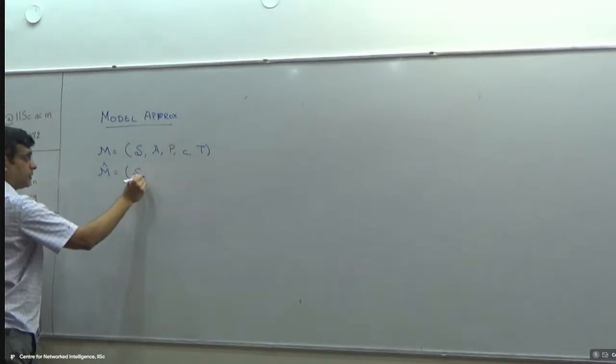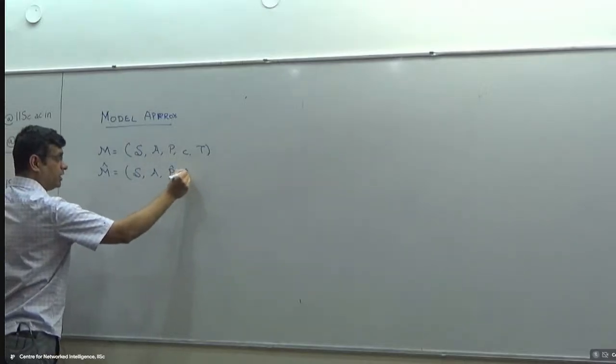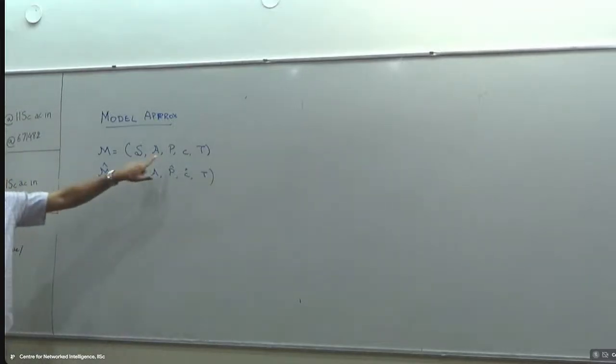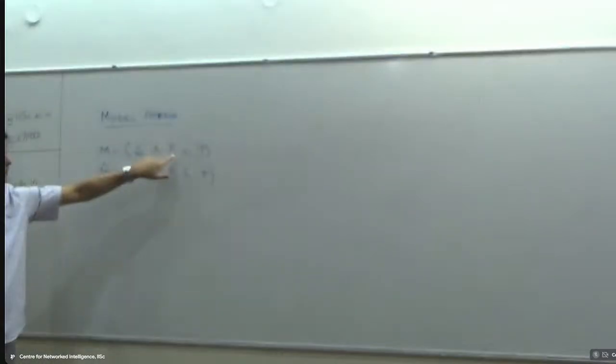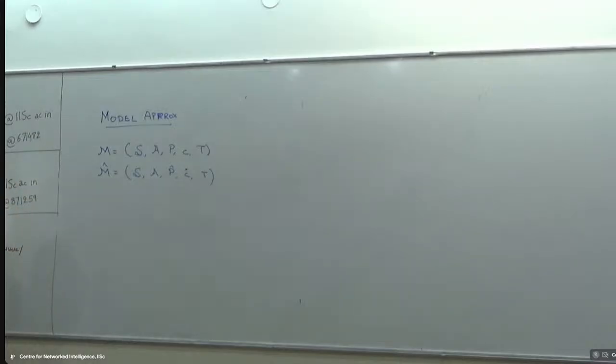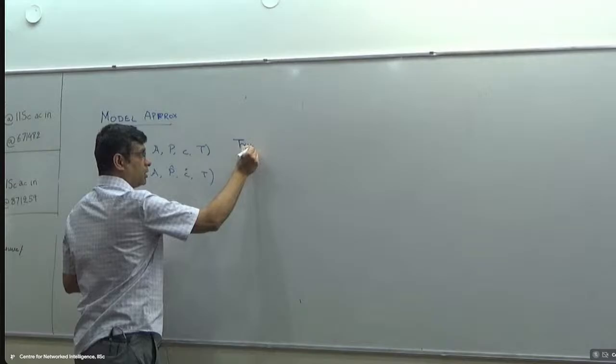For the purpose of this lecture, I will assume that this approximate model is on the same state and action space, but may have different dynamics and cost. And again, as in last time, these are time varying sequences, not necessarily a time invariant model. Okay. So, this is my true model and this is my approximate model.